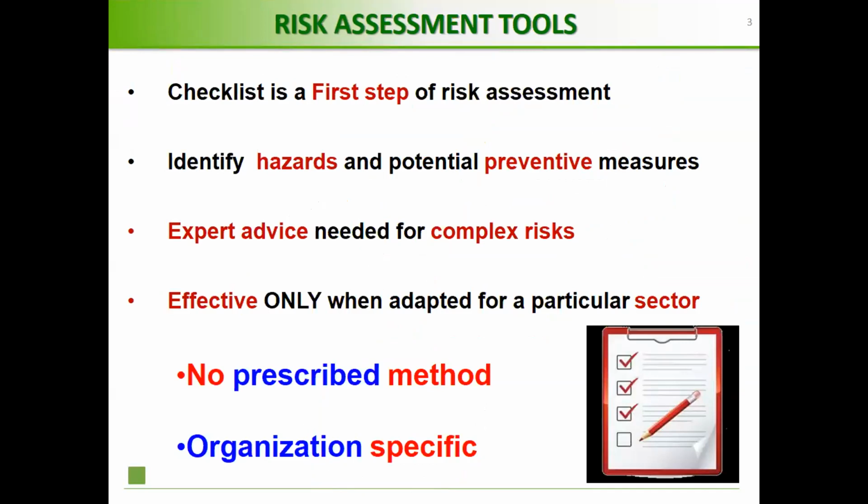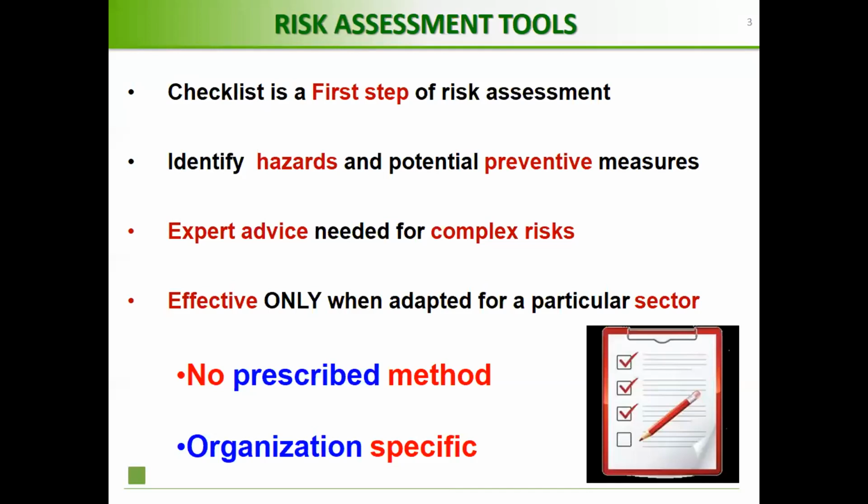So the tools are the first step of risk assessment, and then to identify hazards and to see what potential preventive measures can be put in place. So expert advice may be needed for complex risk, as I've mentioned previously. So it's not one-size-fits-all, as mentioned by the previous speaker. It's effective only when adapted for a particular sector, as all our risks and hazards will differ.